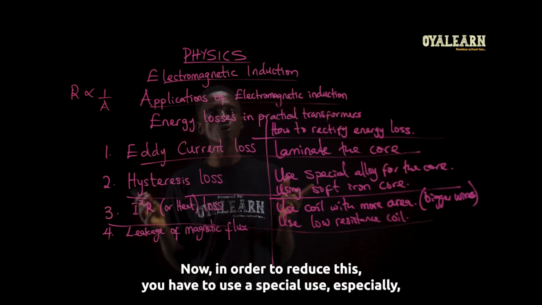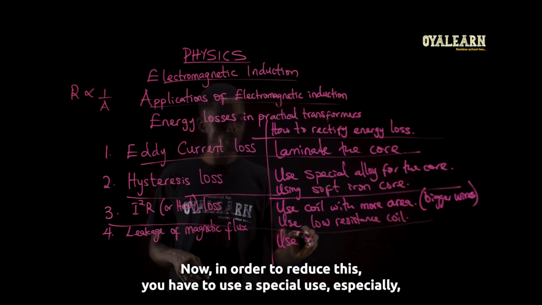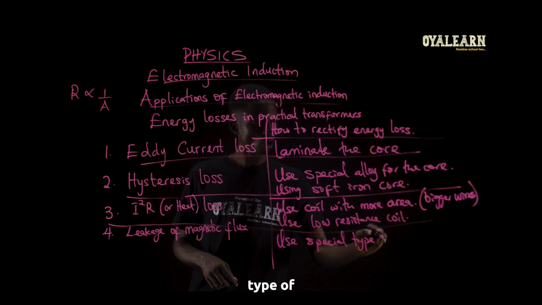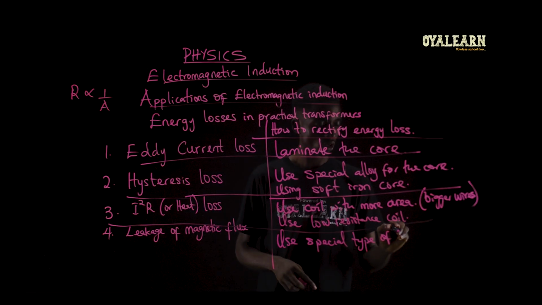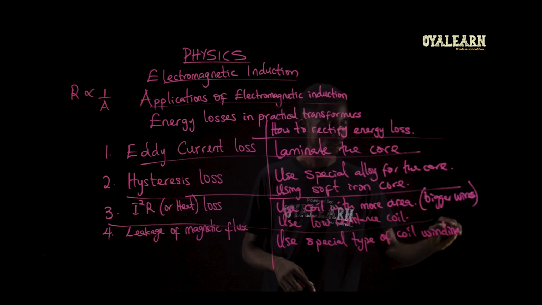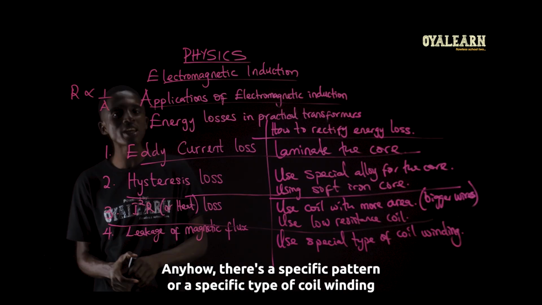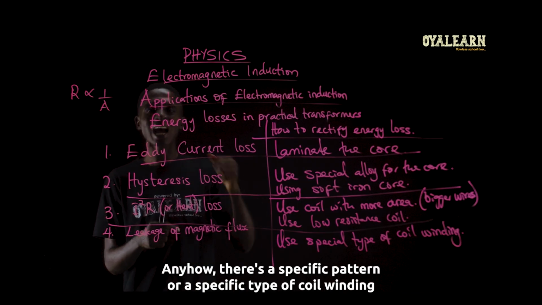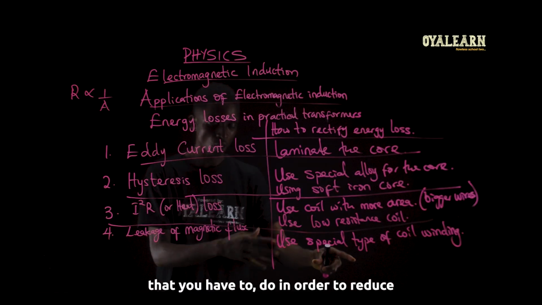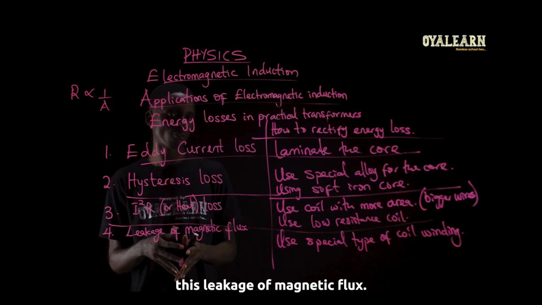In order to reduce this, you have to use a special type of coil winding. So you don't just wind the coil anyhow. There's a specific pattern or a specific type of coil winding that you have to do in order to reduce this leakage of magnetic flux.